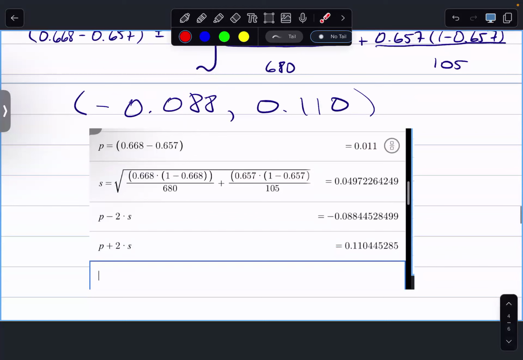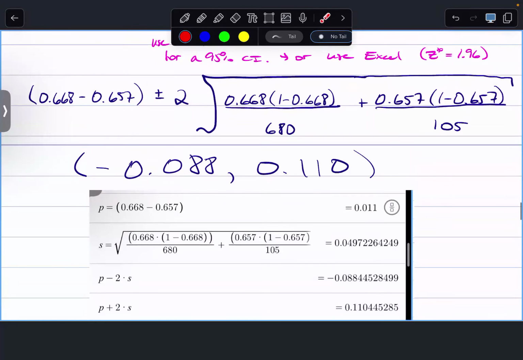And so something to think about when we're talking about the difference in the proportions here: if the difference crosses 0, going from a negative difference to a positive difference, then that's proof that they're not significantly different from each other. We're 95% confident that a difference of 0 could very well happen, right?